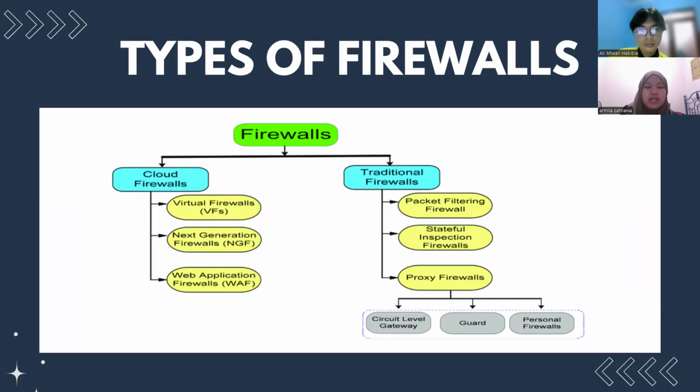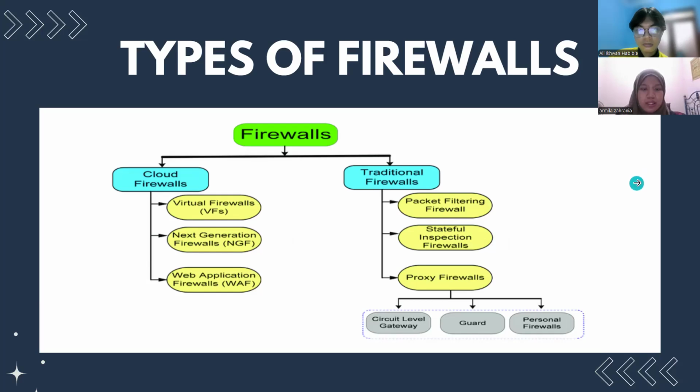This slide shows about types of firewall. There are two types of firewalls: cloud firewalls and traditional firewalls, each serving different security purposes. Cloud firewalls are hosted in the cloud and provide scalable and flexible protection.